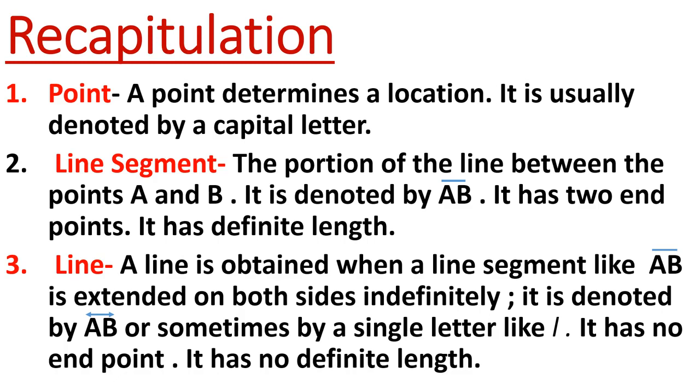It is denoted by AB, and above that one line and both the side arrows. Arrows mean that we can extend it from both the sides. Or sometimes we can denote a line by a single small letter like L.